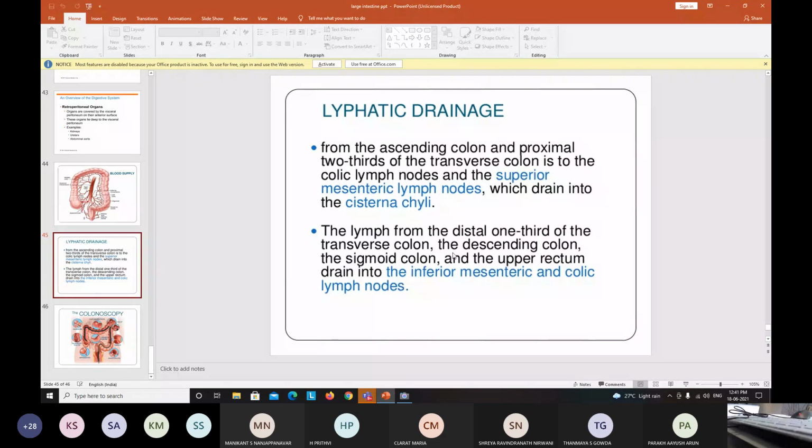These are the three important lymphatic drainage groups. These superior mesenteric lymph nodes drain the ascending colon and proximal two-thirds of the transverse colon. See why lymphatic drainage is important? Yes, because of metastasis in carcinoma of the colon. So lymphatic drainage is very, very important. Okay, note down this point.